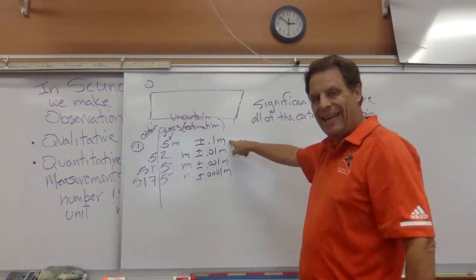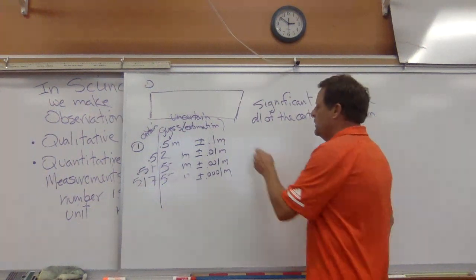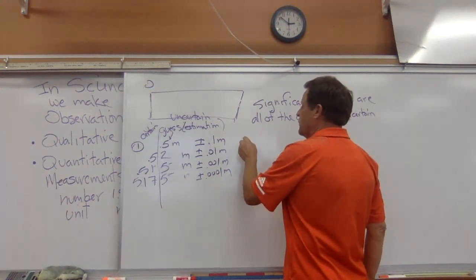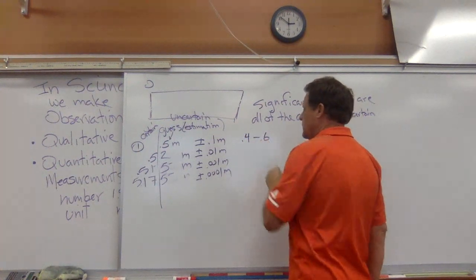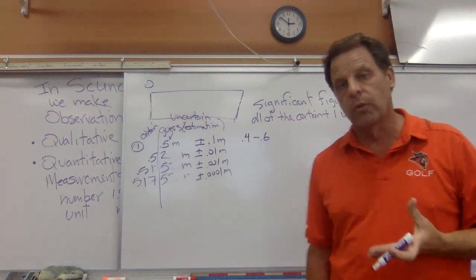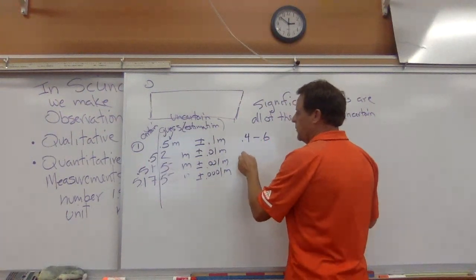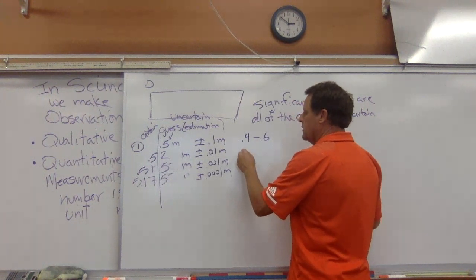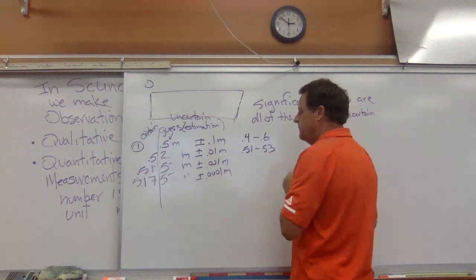So what does that mean? That means the correct answer, the accurate answer, is going to be somewhere between 0.4 and 0.6. And the next one is going to be somewhere between 0.51 and 0.53.